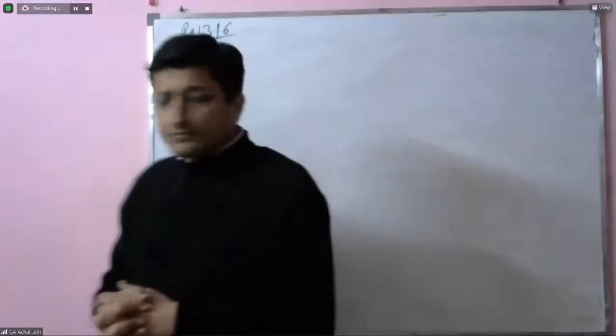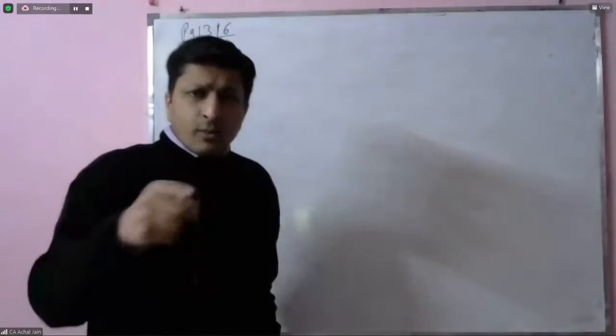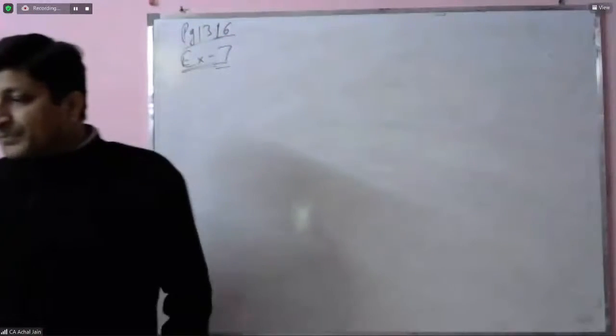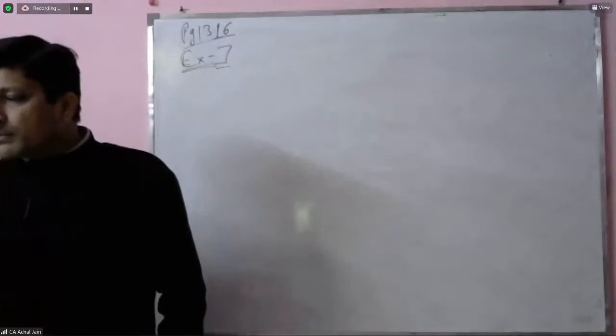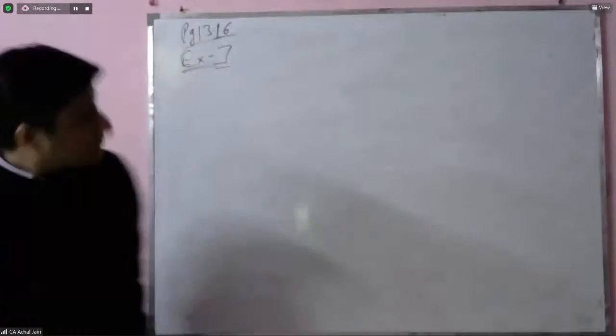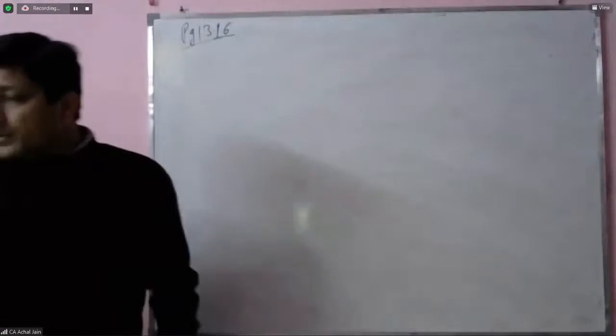Clear? Now, with this understanding, I would suggest you should go back to that example and read that once again. Okay. Now, I'm moving to illustration number 2, which you need to answer, all of you.